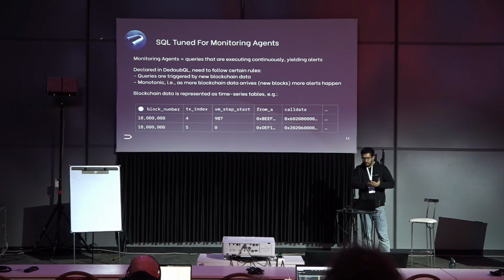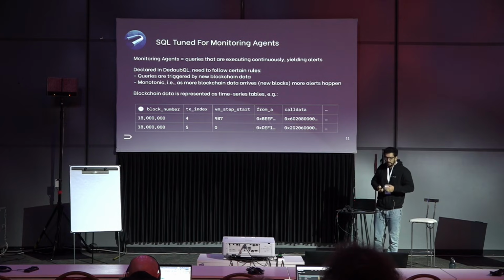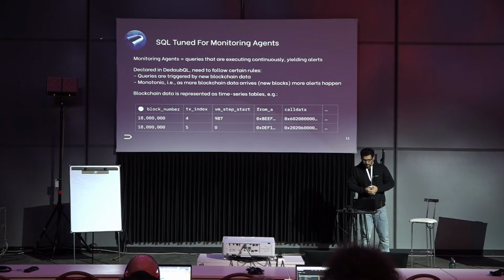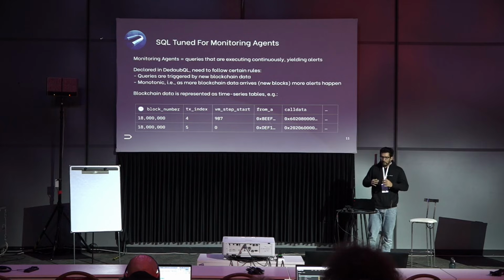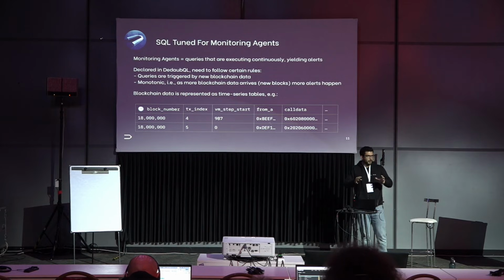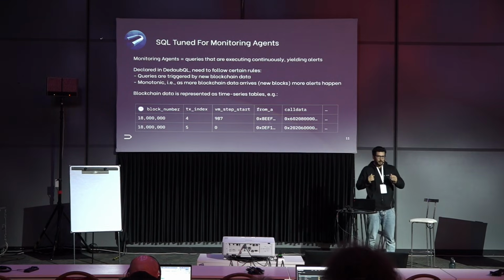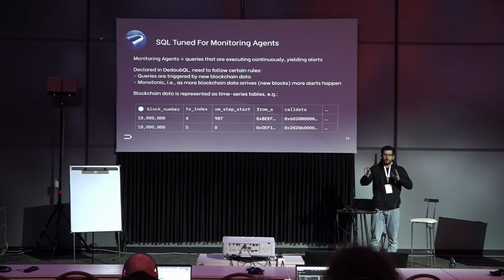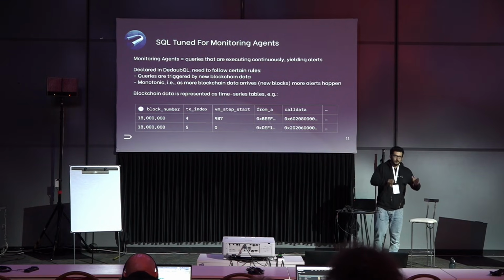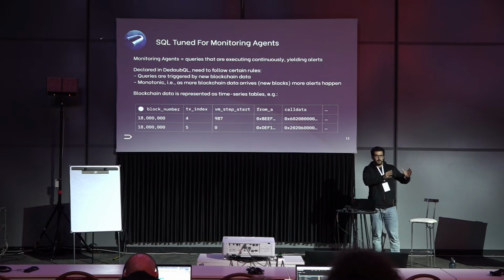Okay, so the monitoring agents are declared in DedaubQL, which is a variant of PostgreSQL. And you need to follow certain rules in order to make these effective. So first of all, the queries in DedaubQL are triggered by new blockchain data, which means that as new blockchain data comes in, your query is triggered on this new blockchain data, and you get results.